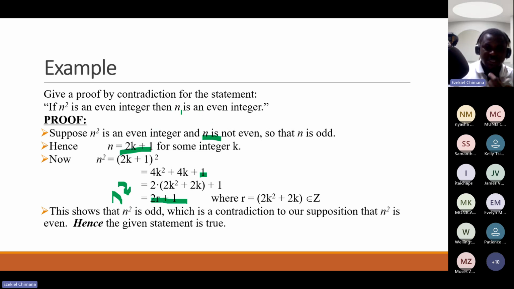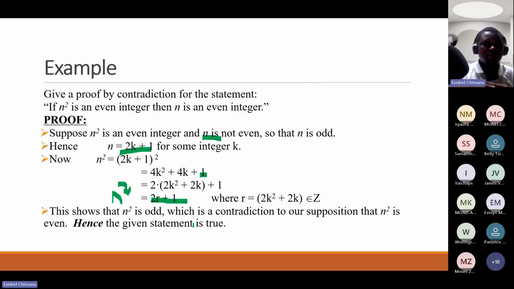Why? Because when we tried to negate this one, it gave us the wrong answer. Instead of being even, it gave us an odd number. n squared is an odd number. So this shows that n squared is odd, which is a contradiction to our supposition that n squared is even. Hence, the given statement is true.